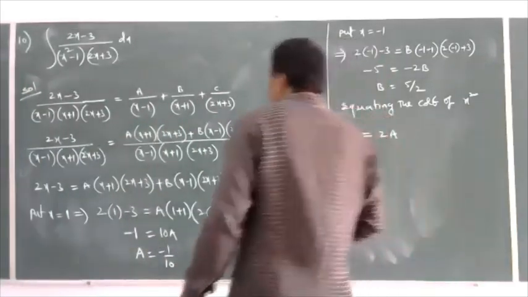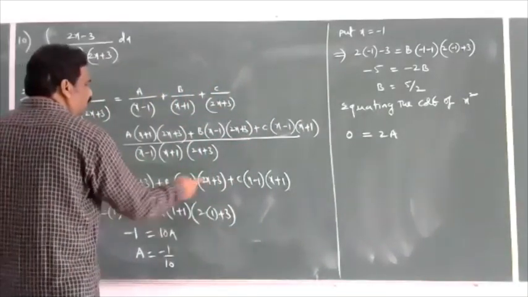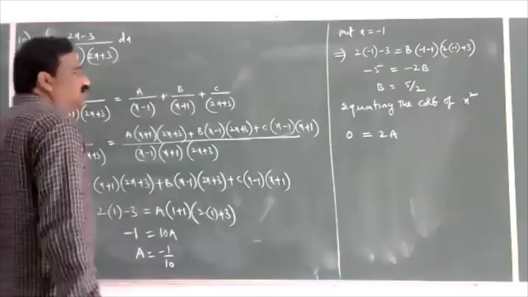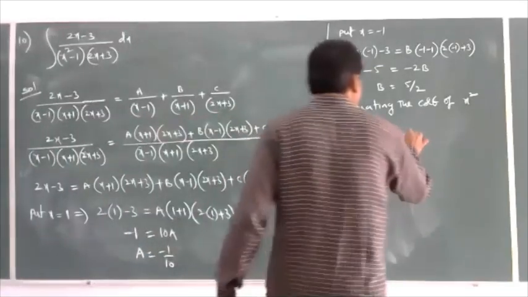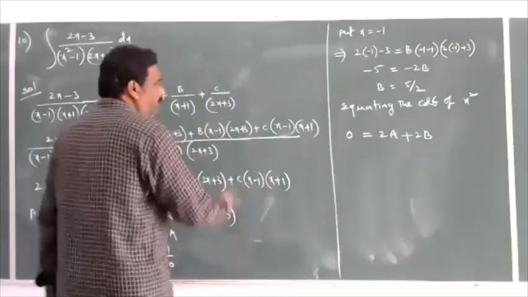Here the x square coefficient is 2b, x into 2x, 2x square, 2x square into b. Here the x square coefficient is c.